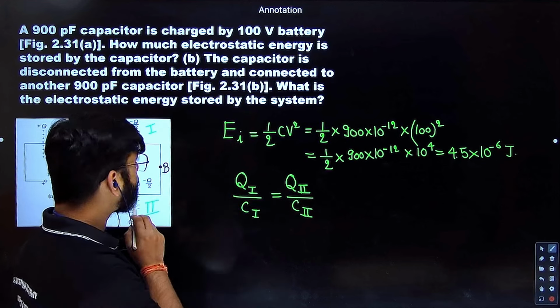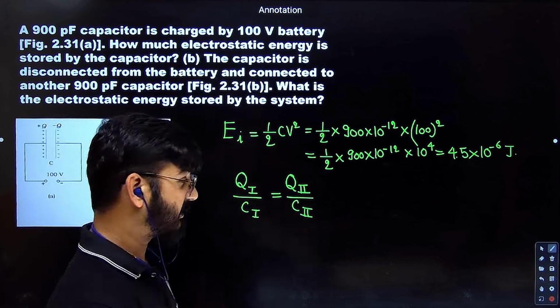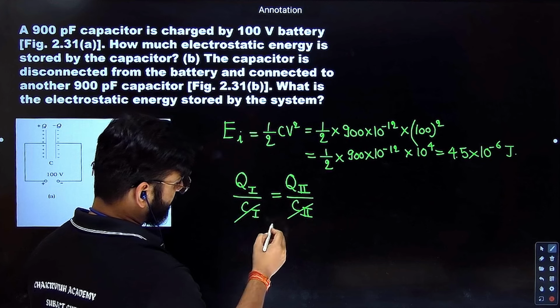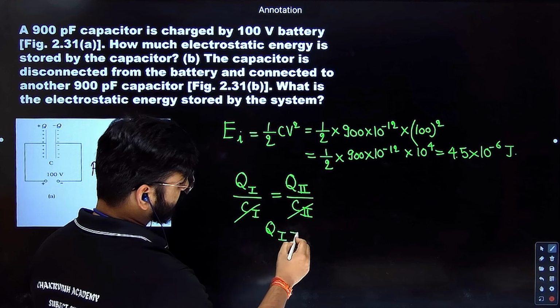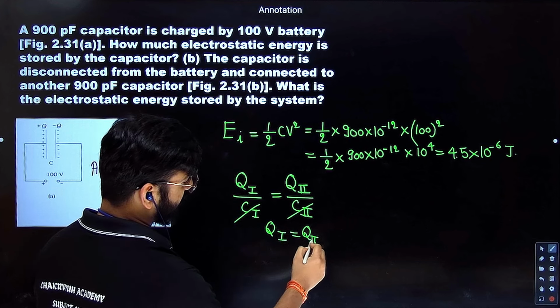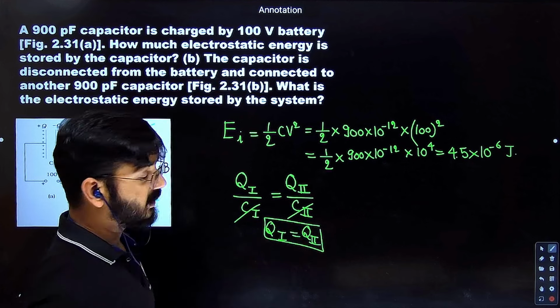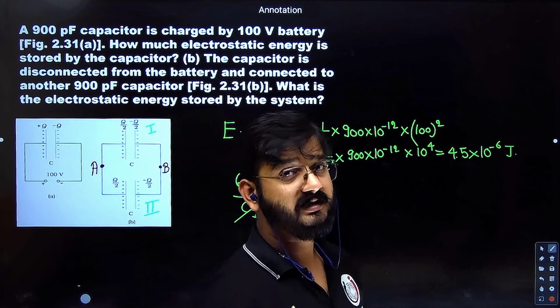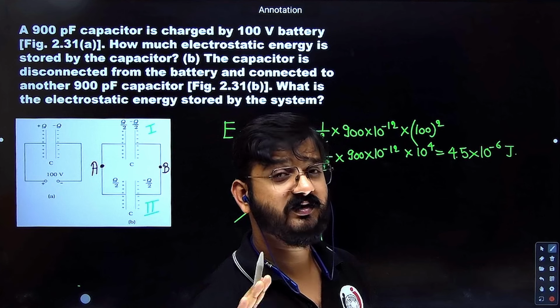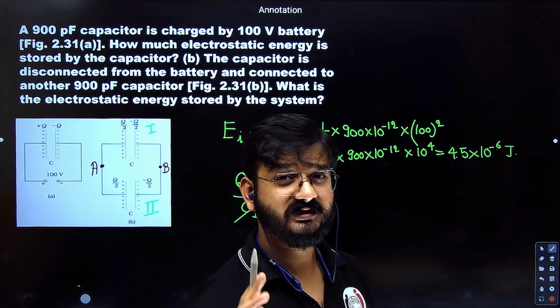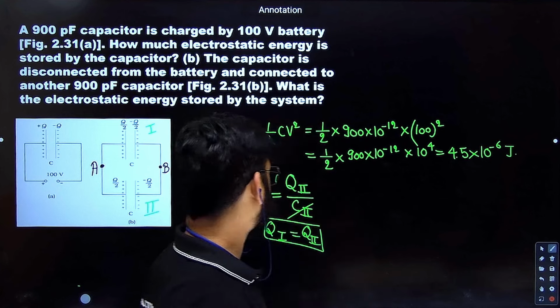You know that C1 and C2 are same because I have connected an identical capacitor. C1 and C2 is same. So we get charge on first one is equal to charge on second one. Correct? Now, you need to keep in mind that the law of conservation of charge will hold true. Total charge of the system will remain conserved.